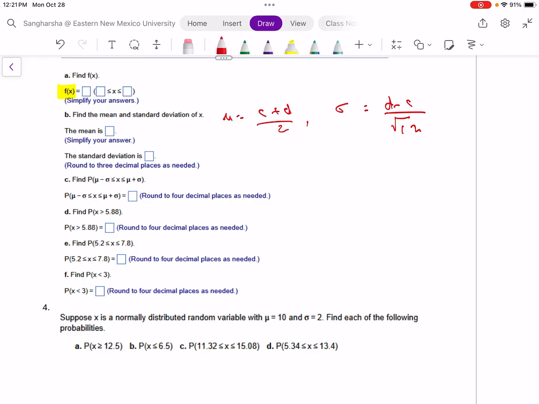You have a question, Gavin? For sigma, that's d minus c over square root of 12. Is it okay if I skip this one? If you need help, we still have tomorrow. Make sure you practice each of these, and if you need help, we'll do it tomorrow.